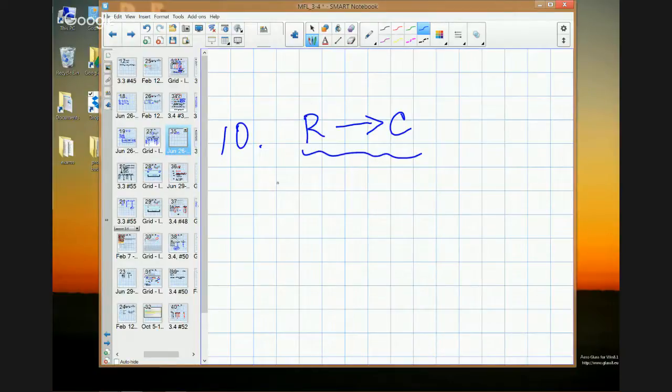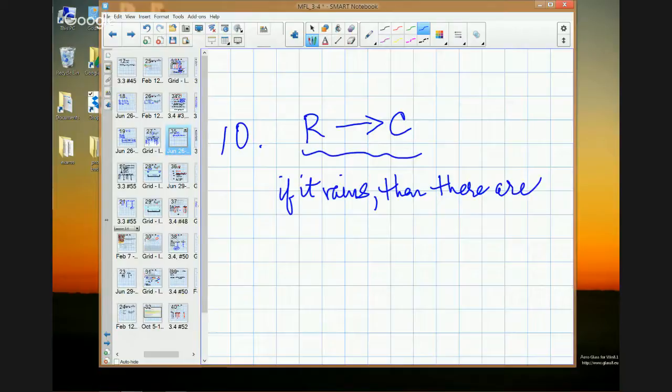Right? If it rains, sorry for the bad penmanship. So I would write the answer that way.